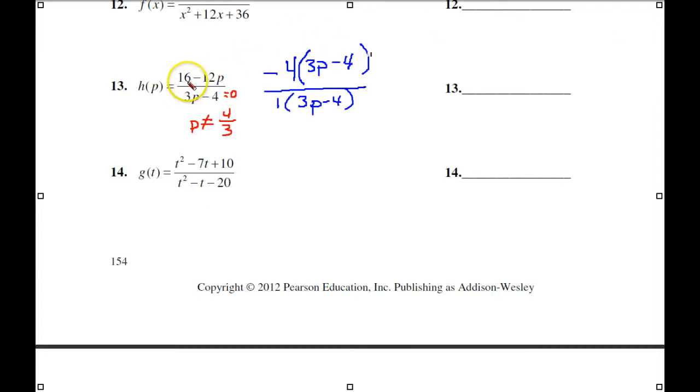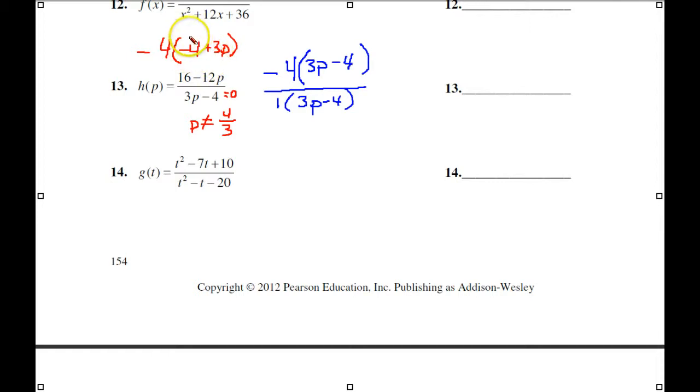Now here I saw that my 3p was positive. So if up on the top here, and we had practice in Math 100 on this, if we take out a negative 4 out of this, then negative 4 goes into there, and this would be a positive 3p.